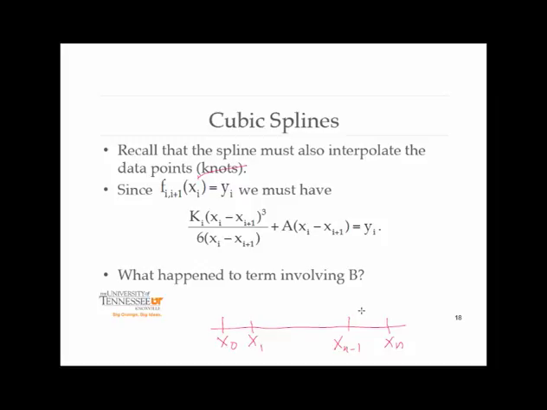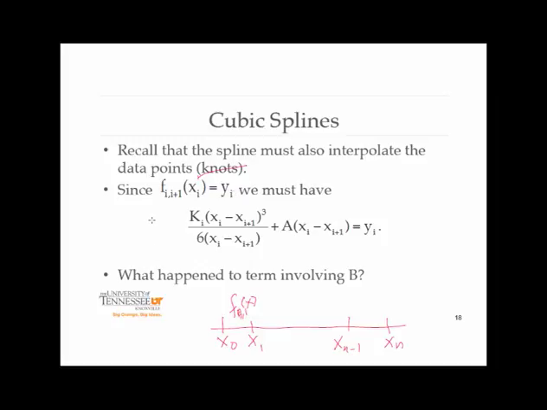So when you want to evaluate a particular value, in other words, for x1, or you want to plug in xn minus 1, you have to use the appropriate function. All right. Again, the one that lives on this subinterval is called f0,1 of x. So when you plug in x1, for example, into this function, you better get y1 back. It needs to interpolate the data.